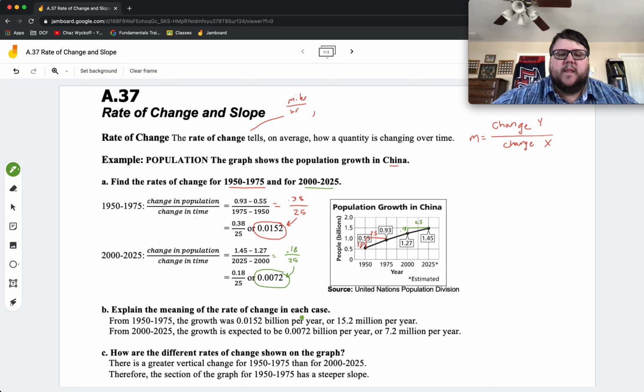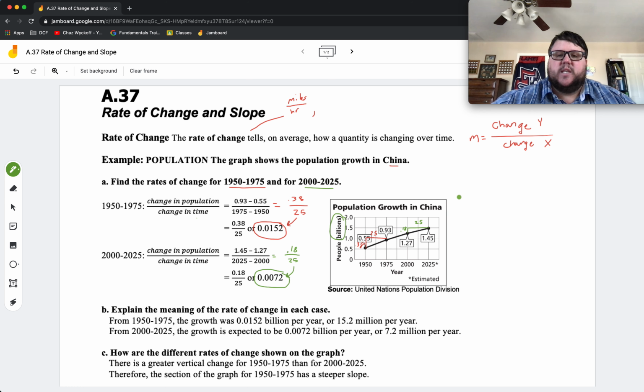So part B, explain the meaning of the rate of change in each case. Remember, this is in billions of people. When you're looking at 0.0152, you might think that's not a lot, but it's actually of a billion people.